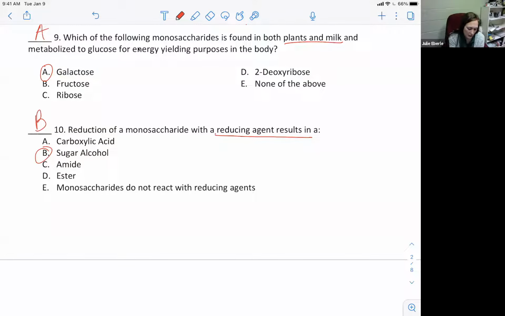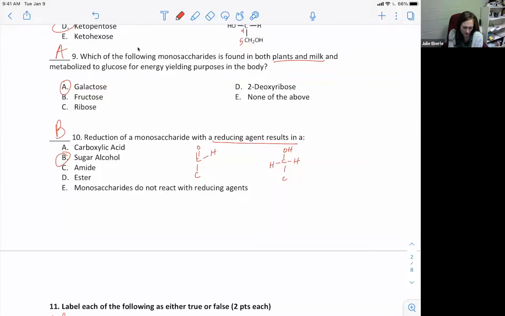But sugar alcohols, so when you have this aldehyde group on monosaccharides, you can reduce this. You can reduce this to an alcohol. H there too. So that's sugar alcohol. So the correct answer there was sugar alcohol.